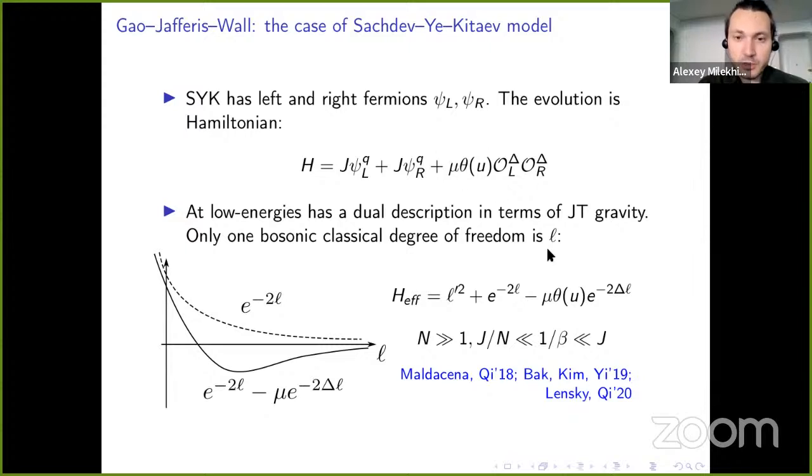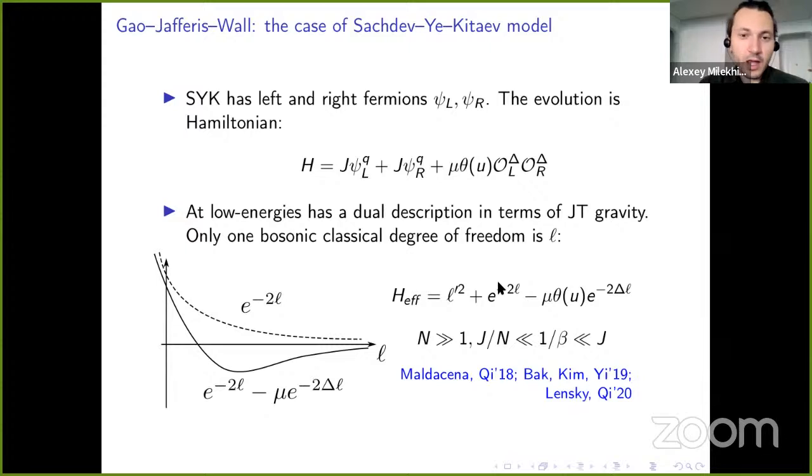Without the interaction between the sides, it's just a particle in an exponential potential. You study classical trajectories in this exponential potential, and you can map it to correlation functions.